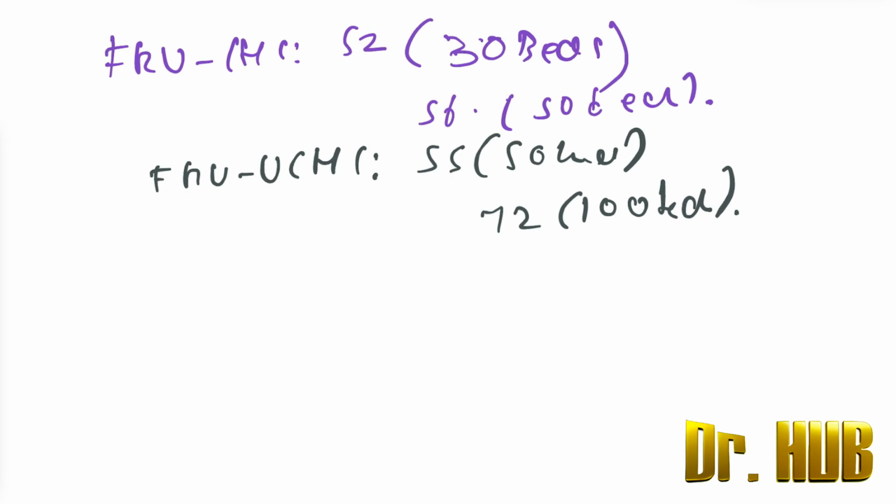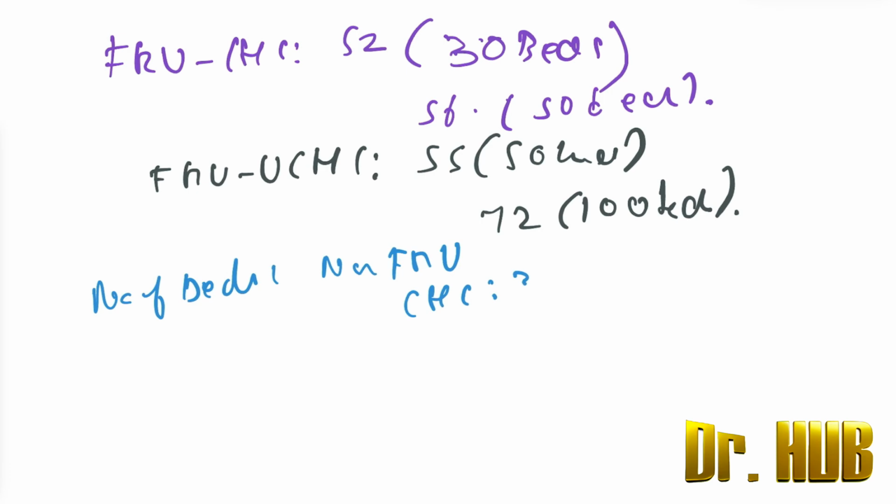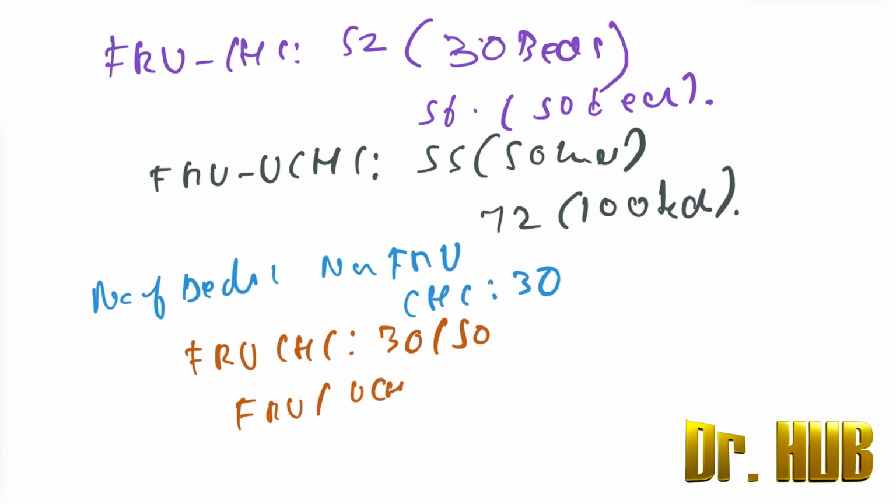Now let's look at the number of beds. In terms of non-FRU CHC it will be 30, in terms of FRU CHC it is going to be 30-50, and in terms of FRU UCHC, it will be 50-100.